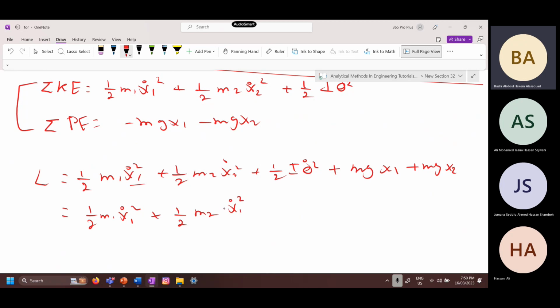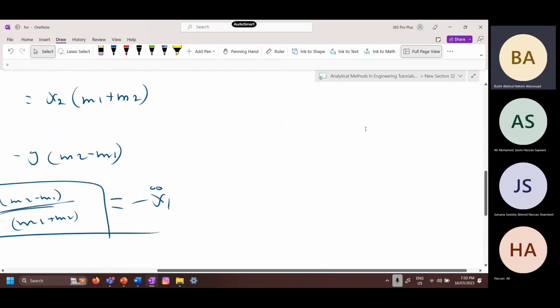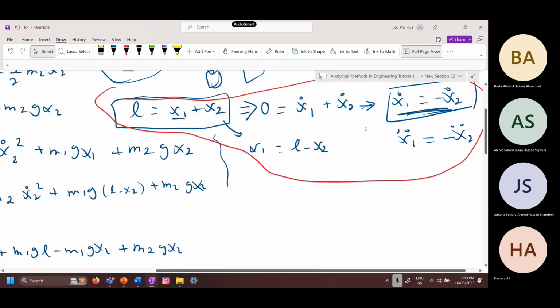Again, if there's a half here and there's a squared, we cancel it out. Plus, let's keep this for the last, m1 g x1 plus m2 g (l minus x1). Now for the theta dot, how are we going to change it?